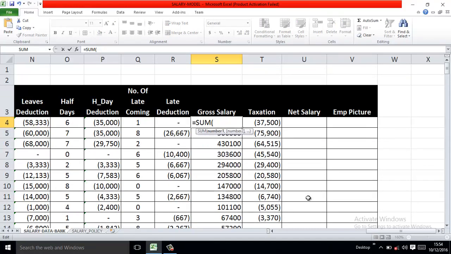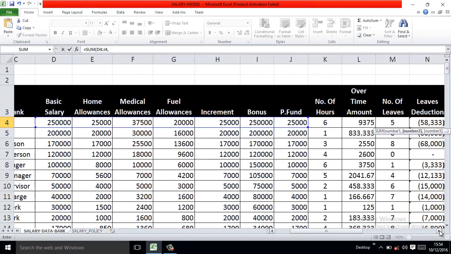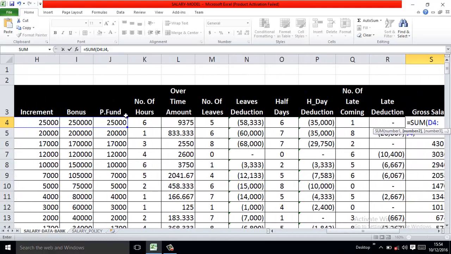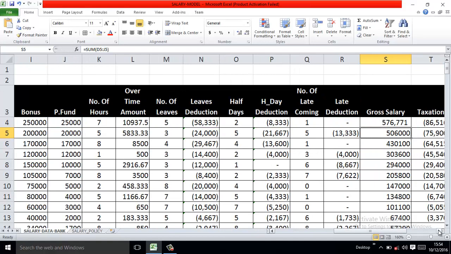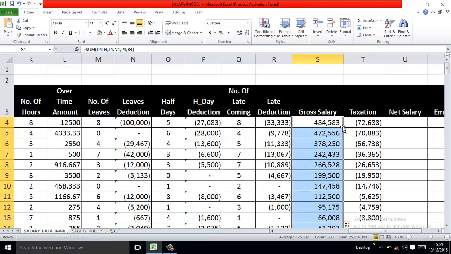So here we have from D4 till this, and then we are adding the range of this overtime, then we are adding this, then we are adding this, and then we are also adding this because all deductions are added, they are already in minus, so the result is this, right?